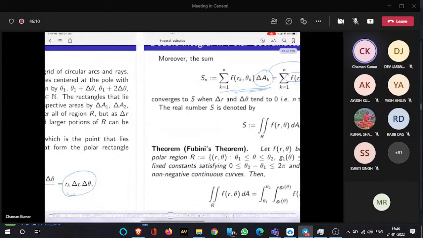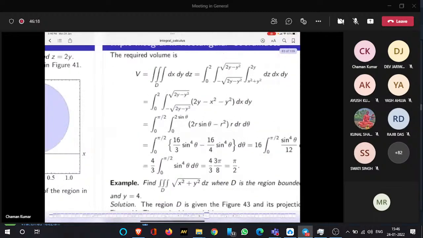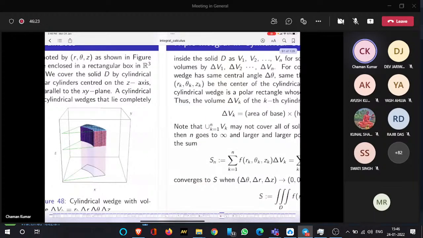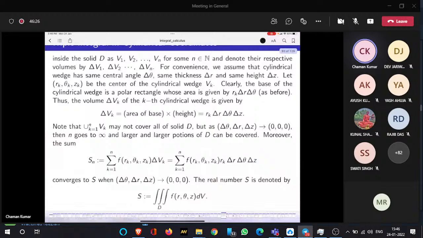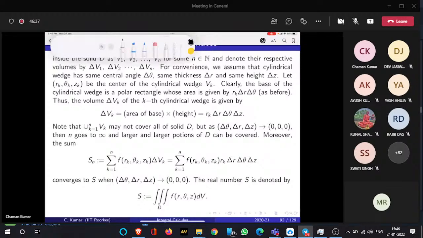So that gives you the cylindrical. So you calculate the cylindrical volume. There are procedures for calculating the cylindrical volume, and this will ultimately come out to be this. Okay.